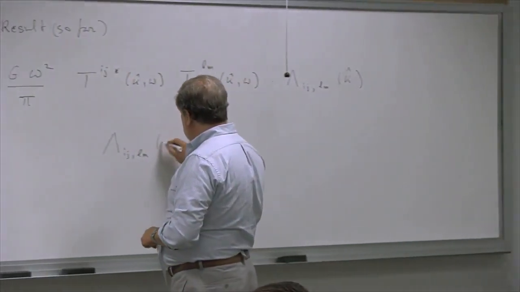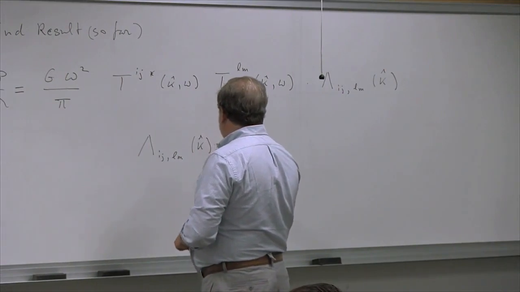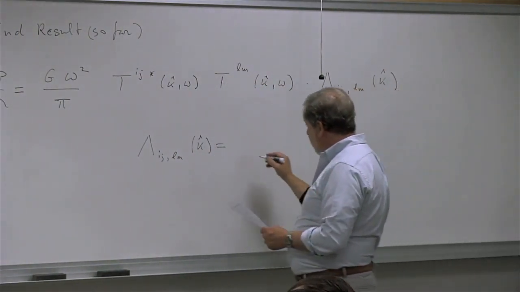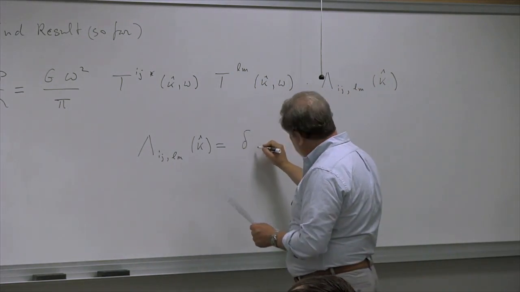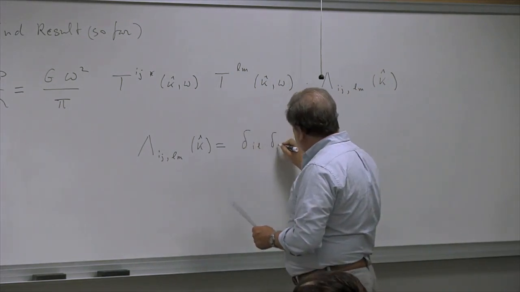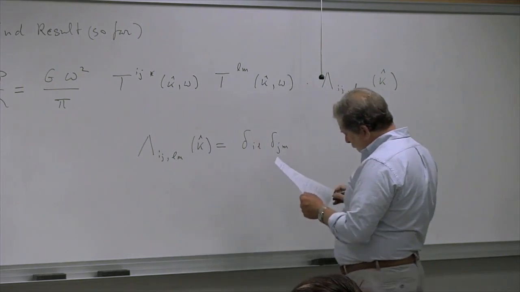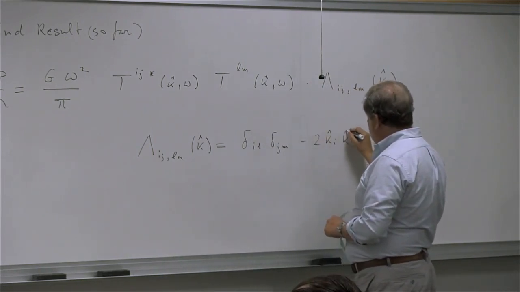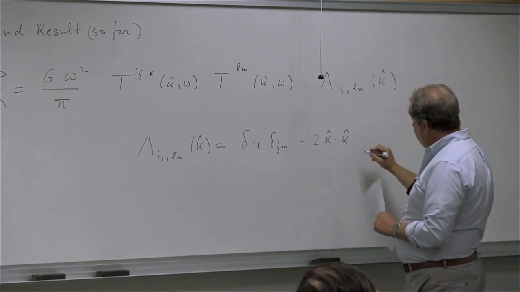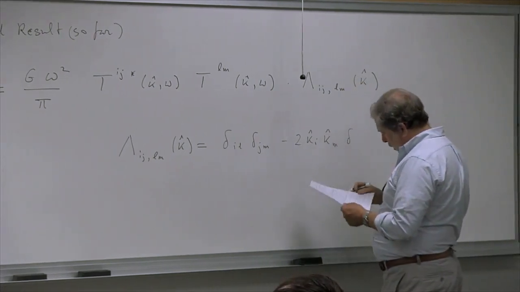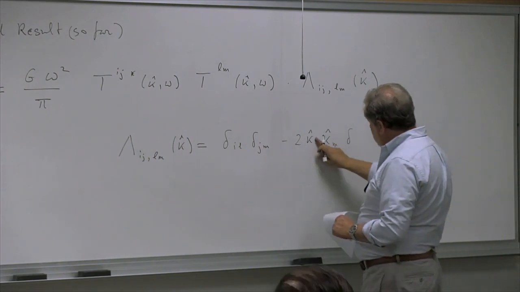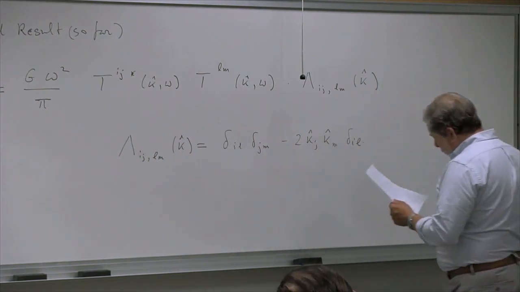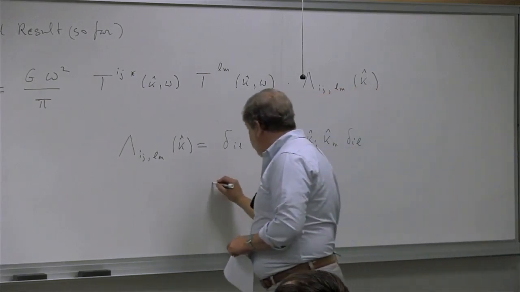This is given by a rather messy expression, which I'm going to try to write down, which is delta il, delta jm, minus 2 k hat i, k hat m, delta jl. Sorry, this is a j, so delta il.